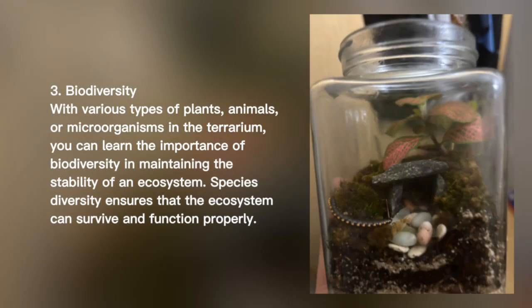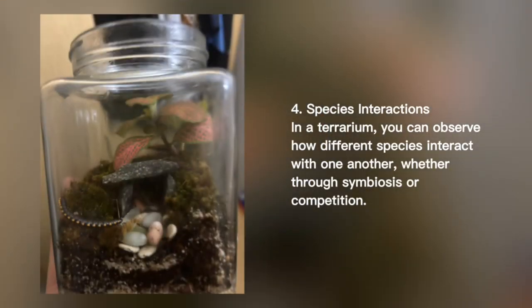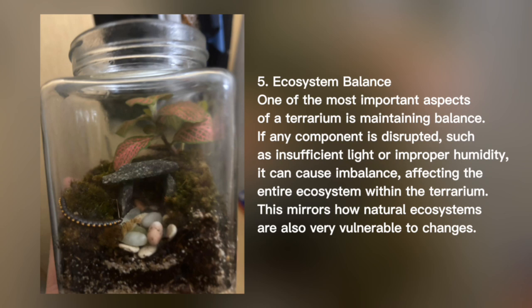Third, biodiversity. With various types of plants, animals, or microorganisms in the terrarium, you can learn the importance of biodiversity in maintaining the stability of an ecosystem. Species diversity ensures that the ecosystem can survive and function properly. Fourth, species interactions. In a terrarium, you can observe how different species interact with each other, whether through symbiosis or competition.